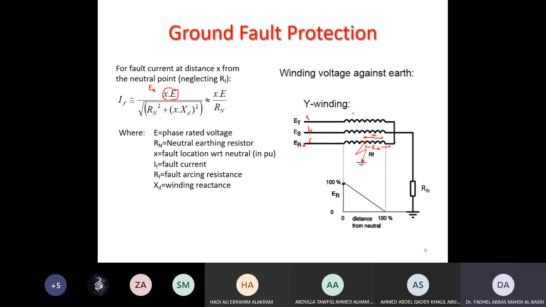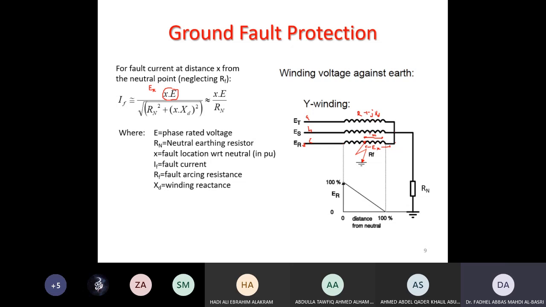The impedance is R plus jXd, where Xd is the direct axis or synchronous reactance of the stator winding.